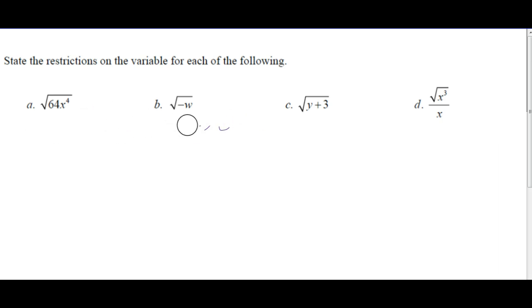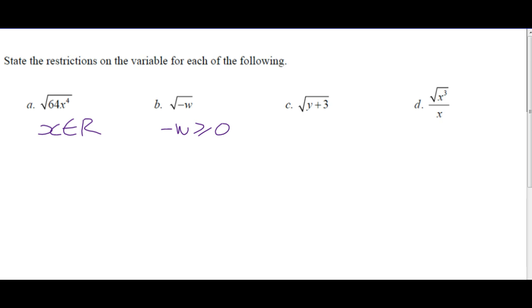So negative w has to be greater than or equal to 0.